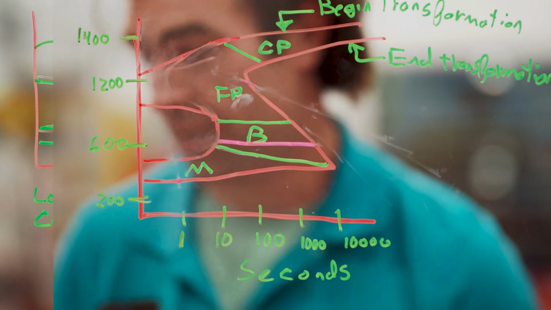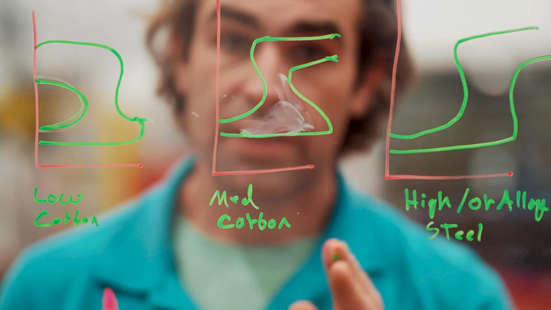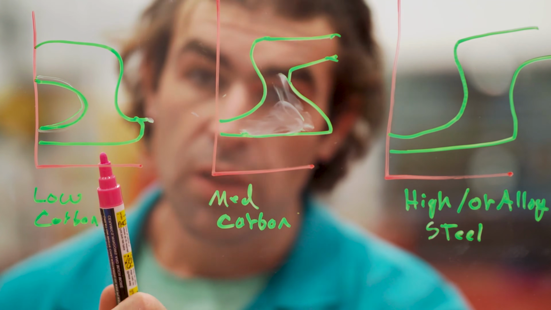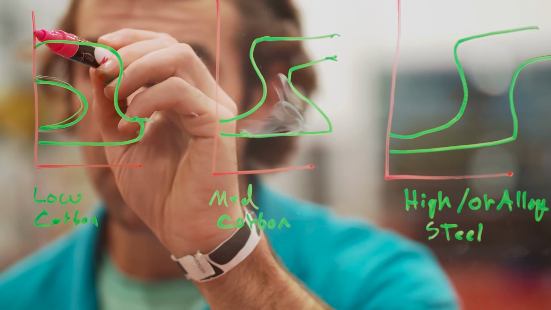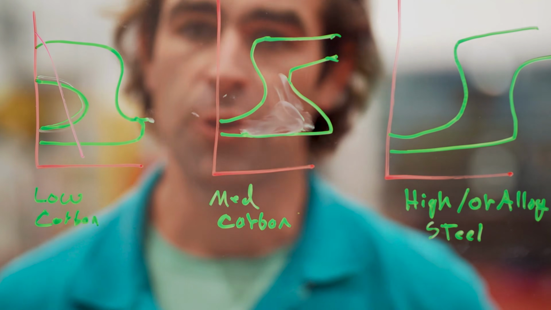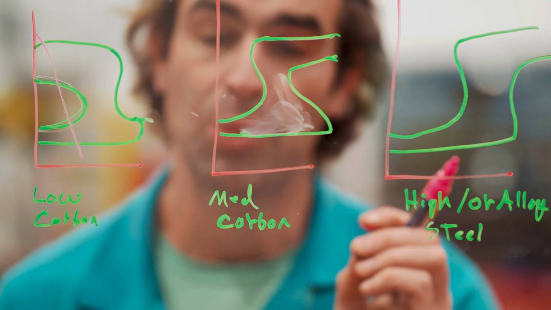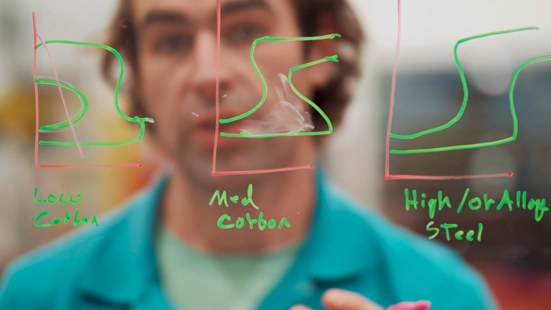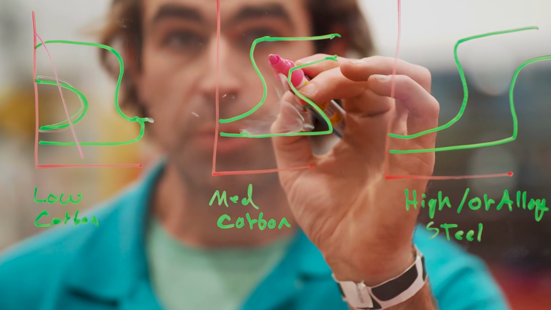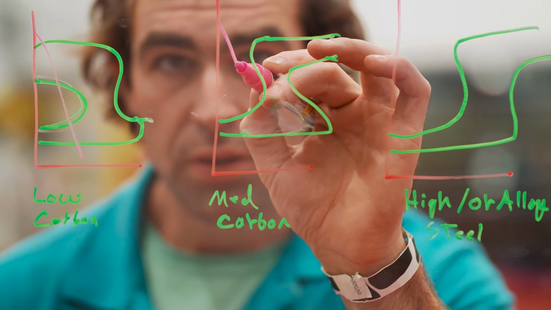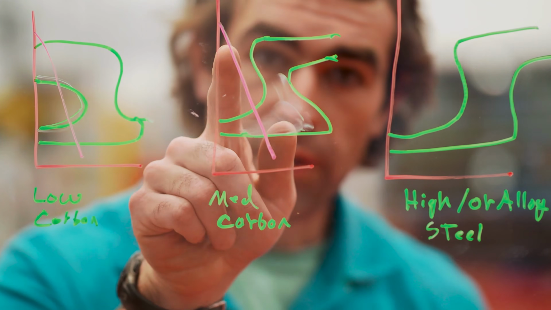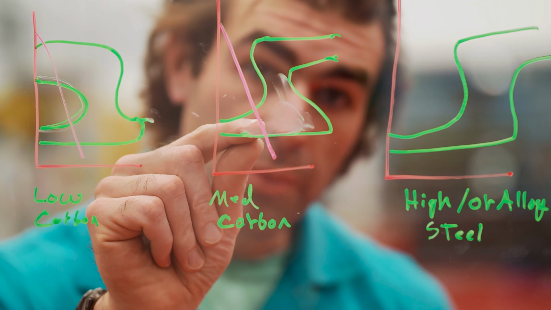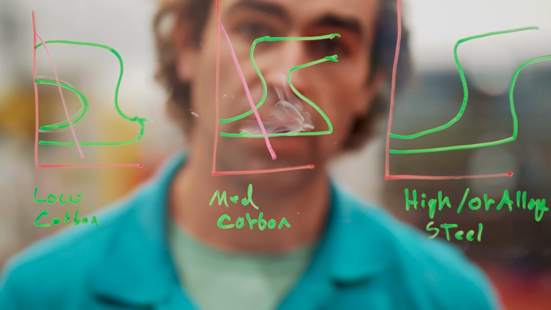So why does that matter? If we compare 3 different diagrams: with low carbon, we have no area to go from here through here without passing through the beginning and the end of the transformation. For something with a medium carbon amount, we have a clear line to clear this pearlite nose and start the martensite transformation.